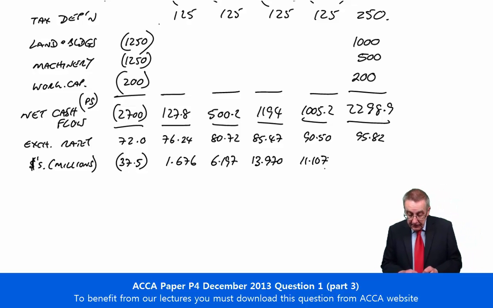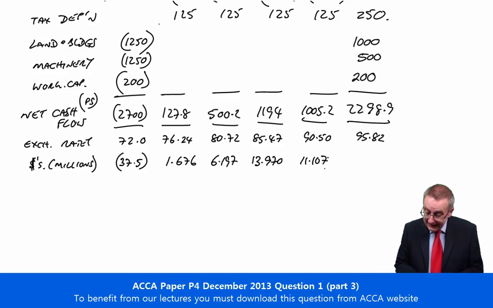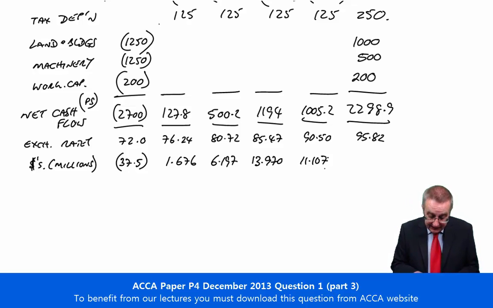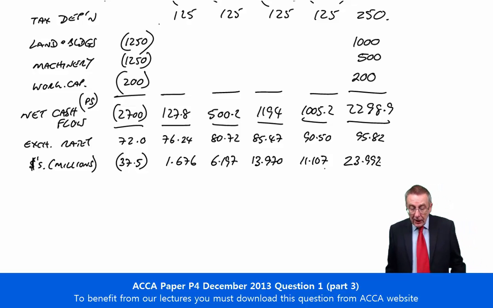And finally 2298.9 divided by 95.82 is 23.992. So, hopefully no problem there.